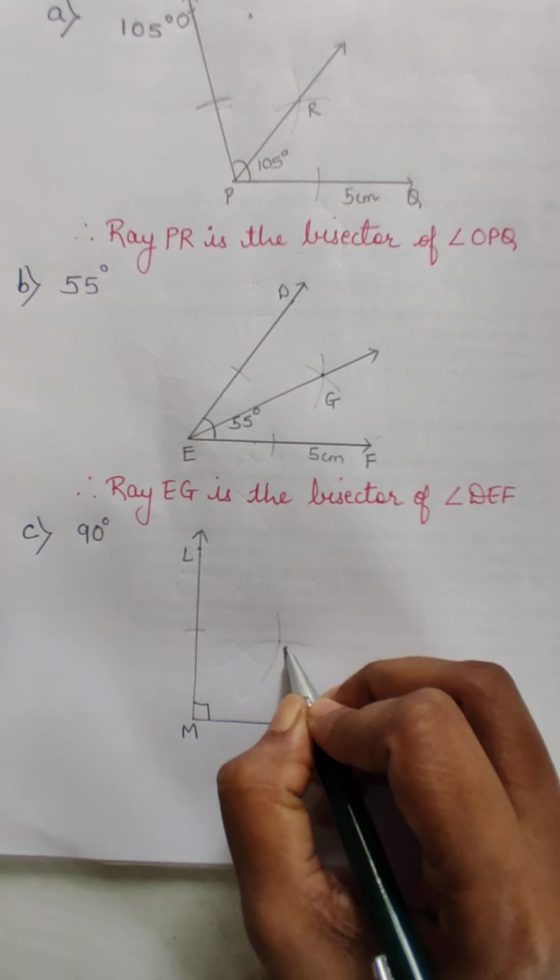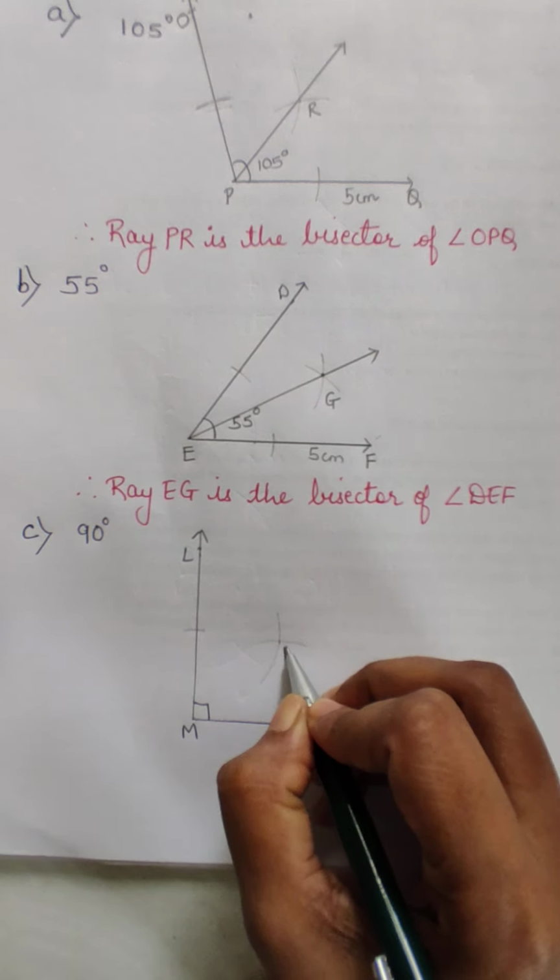Now what they have told us is that we have to draw their angle bisectors. Now we know that a triangle has 3 sides, 3 angles and 3 vertices. Now if there are 3 angles, it means I can draw 3 different angle bisectors. So I will first draw the angle bisector from angle C. So I am taking appropriate distance.